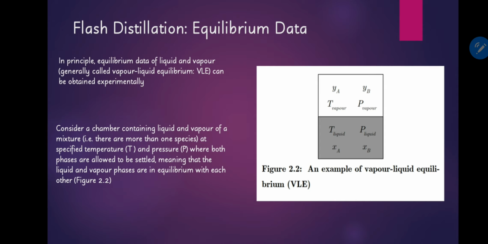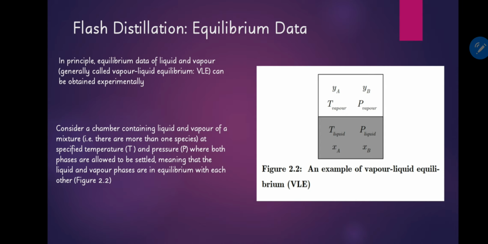If we now consider here a chamber containing liquid and vapor of a mixture, let's say that we have here a vapor phase at top, and the bottom or the grayish part is the liquid phase. At specified temperature and pressure where both phases are allowed to settle, meaning that the vapor phase and the liquid phase have already reached equilibrium, we will be able to have this setup in figure 2.2.